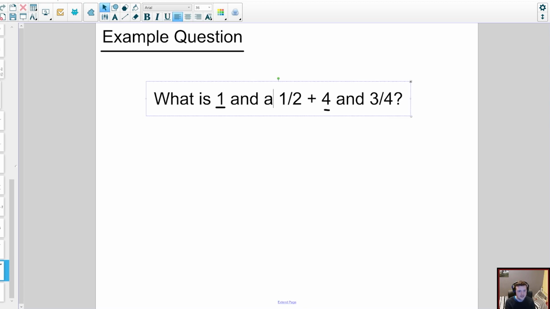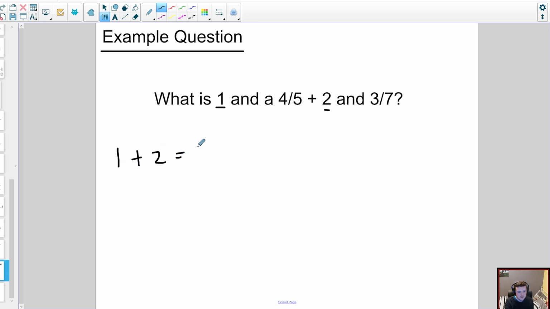So let's say 1 and 4/5 add 2 and 3/7. Okay? Start with our whole number bits first. 1 add 2 equals 3. Okay, now let's deal with the fraction bit. 4/5 add 3/7. Okay, so same as before. 5 times 7 is 35.